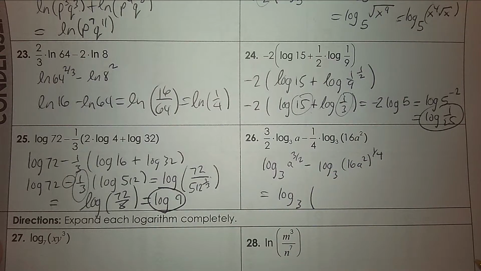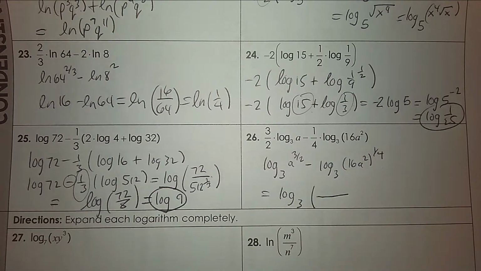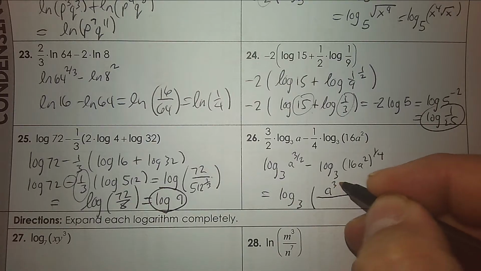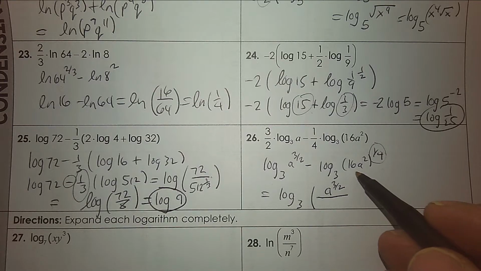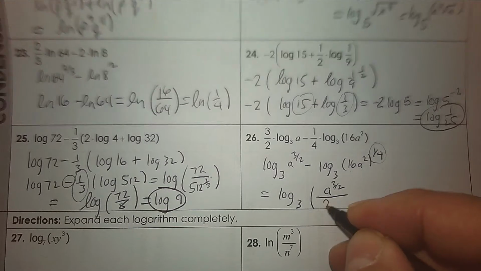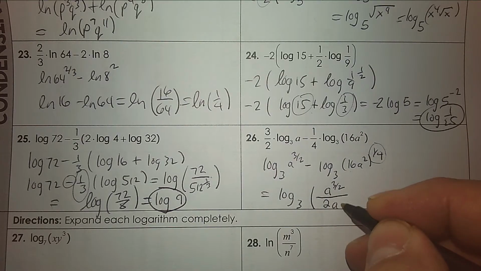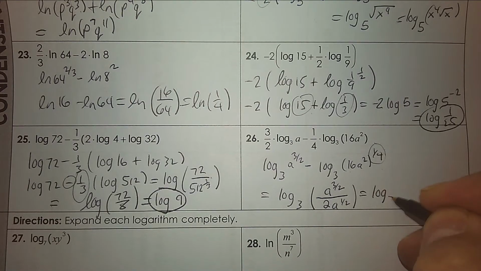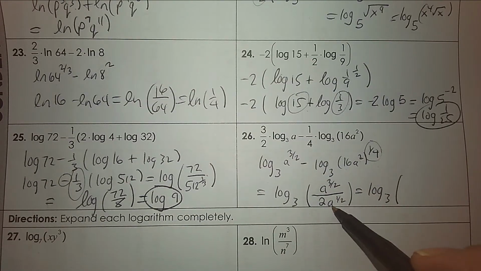So, because I see subtracting, what am I going to write down? Dividing. What goes in the numerator is a to the 3/2. Do you know the exponent a quarter means the 4th root? So what's the 4th root of 16 is 2. And then 2 times a quarter is a to the 1/2.